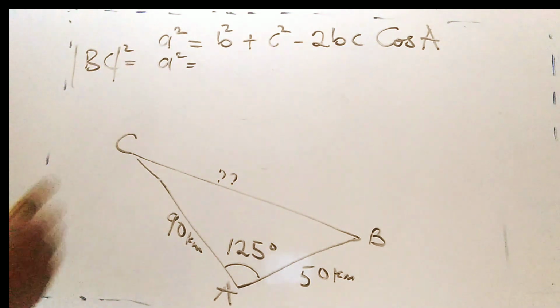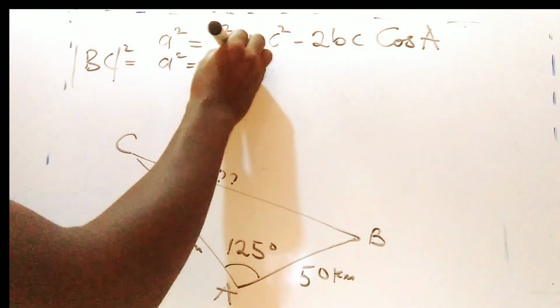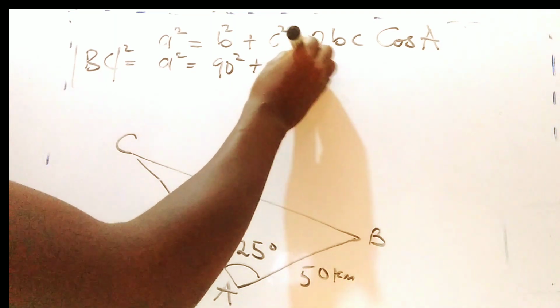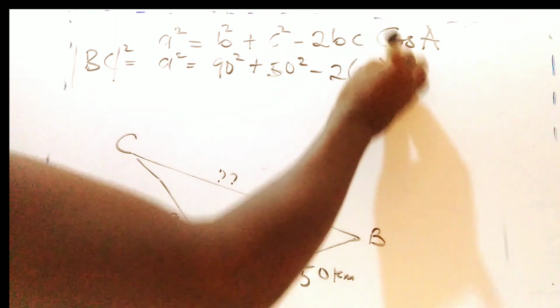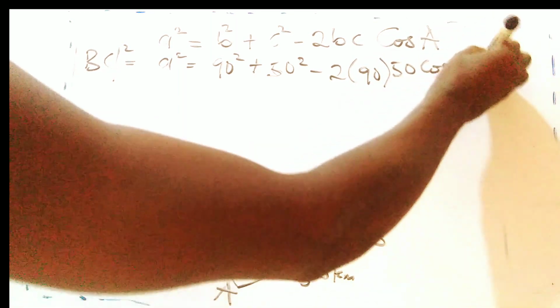So let's call it BC square. So our b is 90 square. Our c is 50 square. And then we have 2 times 90 times 50 cos 125.